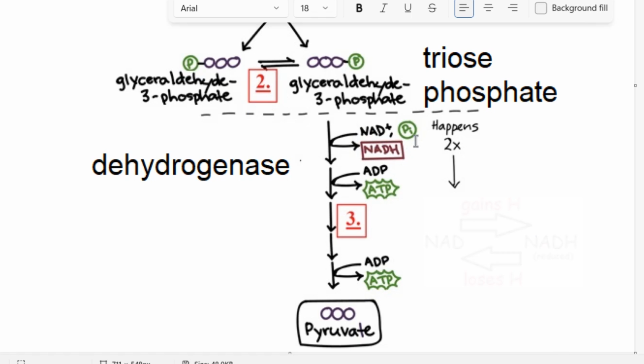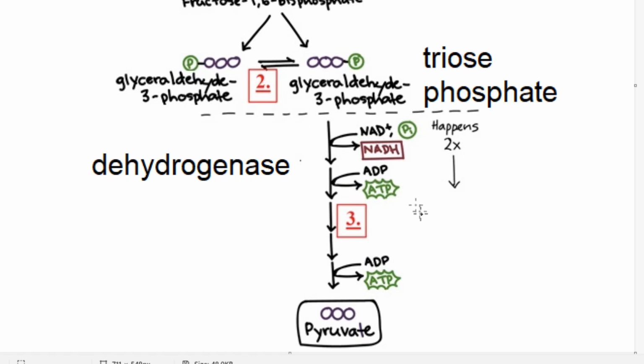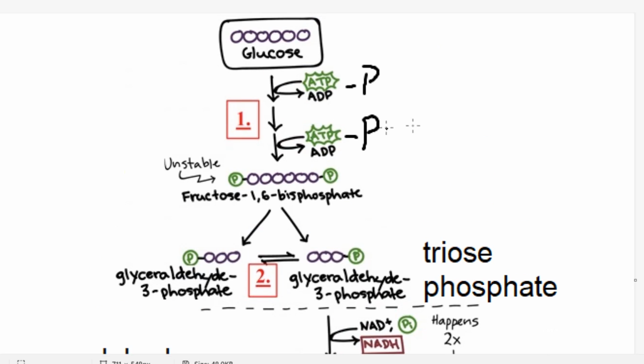And this phosphate group now gets attached from this ADP to make ATP, and then again here. This whole thing happens twice, so you actually end up with 4 ATP down here. But since you had 2 ATP being used to start this process, to allow the phosphorylation, which is just the addition of phosphate groups, of glucose to fructose biphosphate to make it unstable enough, that used 2 ATP.